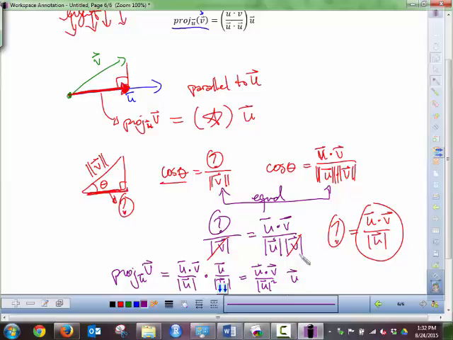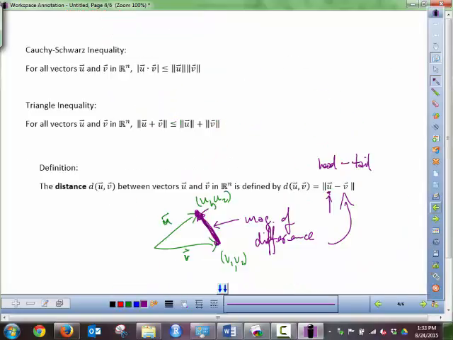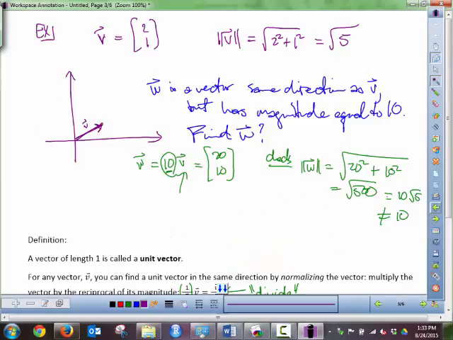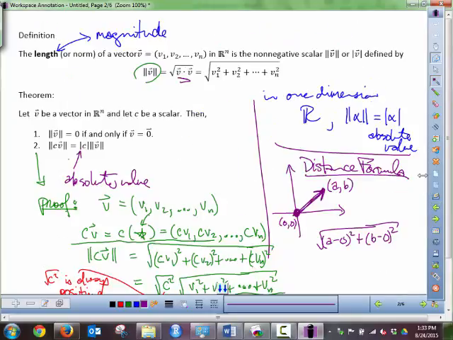Yes. In fact, the square root of v dotted with itself is the magnitude of v. So if you imagine squaring both of these, you're going to get that same thing.